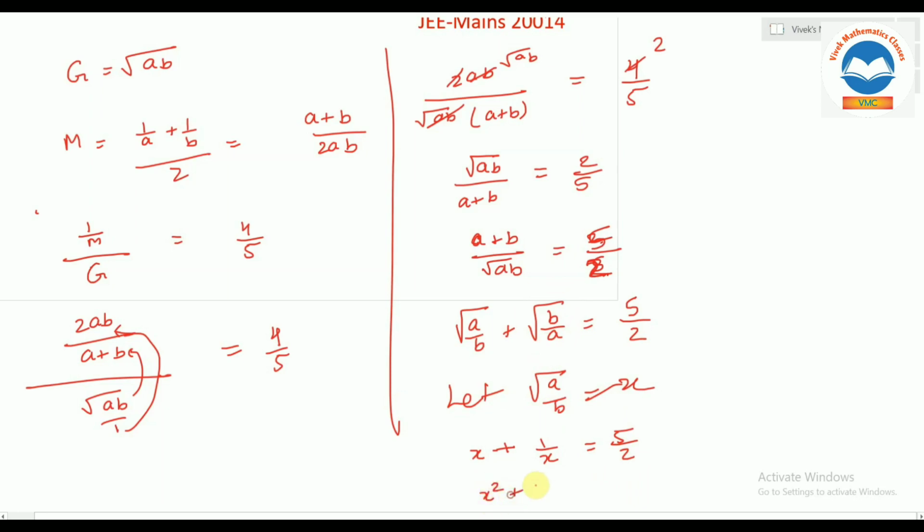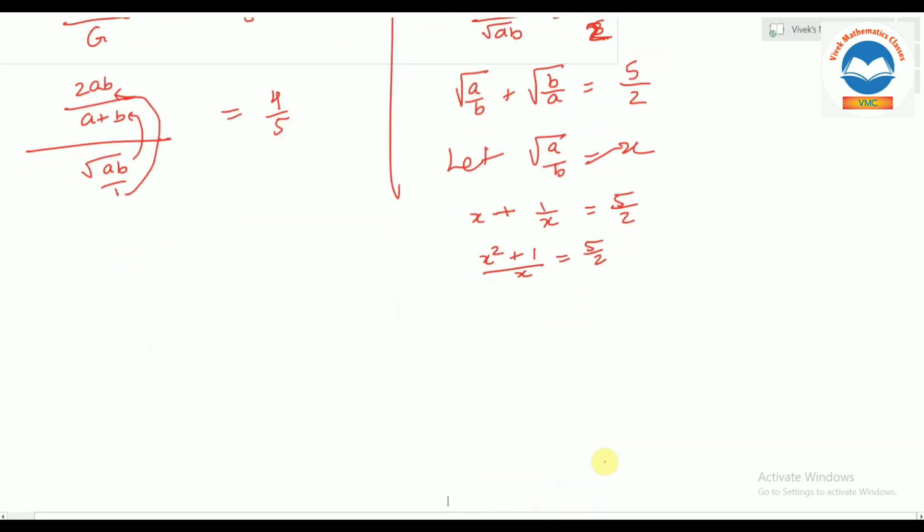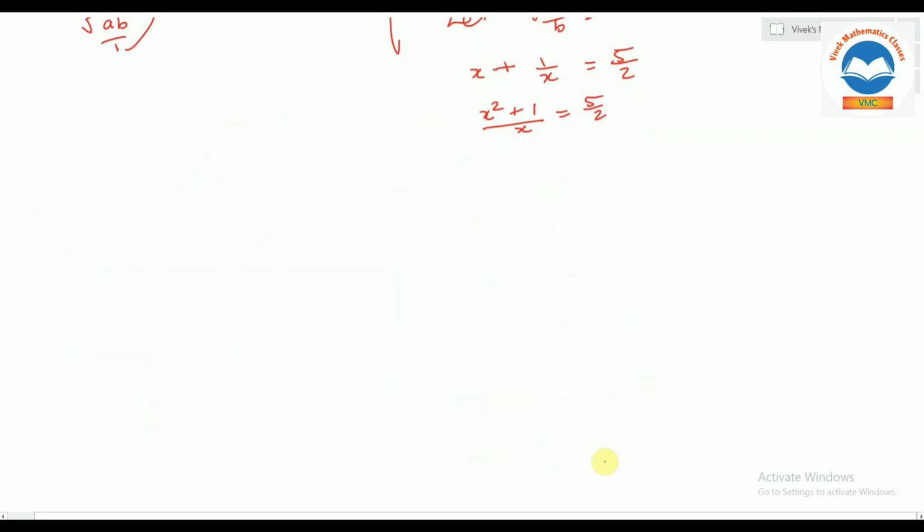We will get x square plus 1 divided by x will be equal to 5 by 2. So we will solve this quadratic. We will get 2x square plus 2 will be equal to 5x, cross multiplying. So from here we will get 2x square minus 5x plus 2 equal to 0.